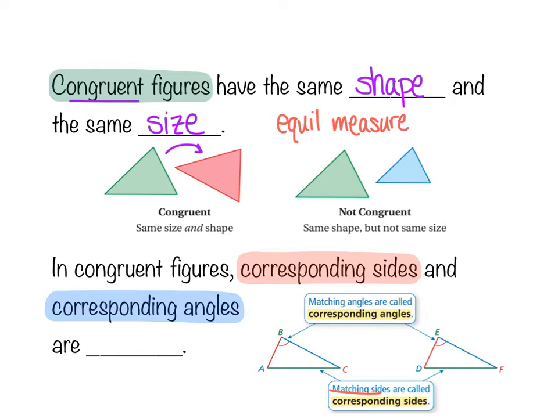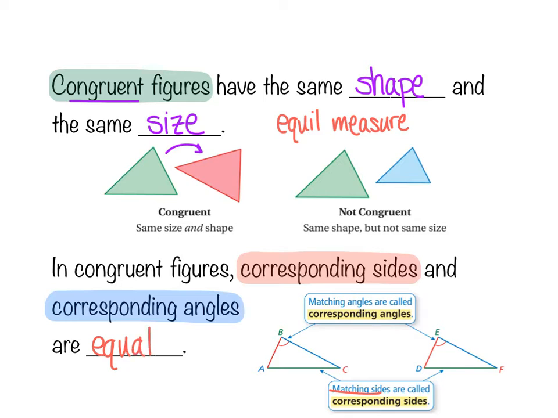In congruent figures, we've got corresponding sides and corresponding angles. The word corresponding just means the same side on the other shape, or the same angle on the other shape. In congruent figures, those corresponding sides and corresponding angles are equal.